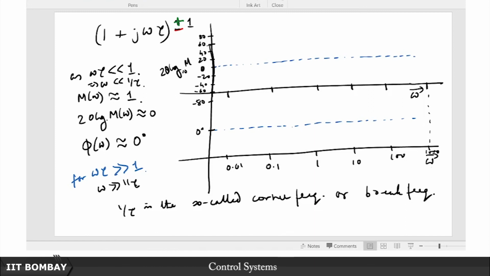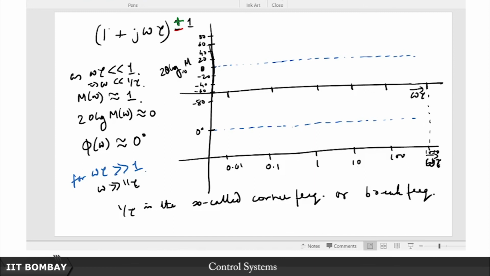All right. So, let me just say that this is scaled by omega tau, it is just a scaling factor, it does not matter, okay. So, suppose I take this plot as omega tau itself, I am not just going for omega, I am going for omega tau.